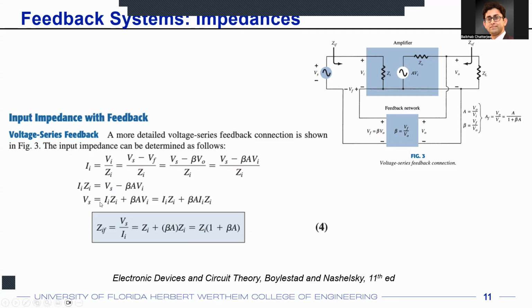So your Vs you can write as Ii times Zi plus beta times A times Vi, and you can write your Vi as Ii times Zi. So again, just applying Ohm's law, KCL and KVL at different points. It's nothing fancy.